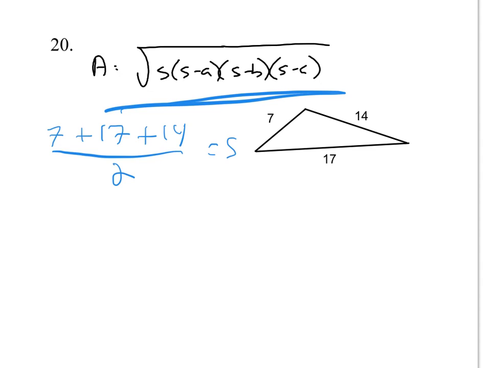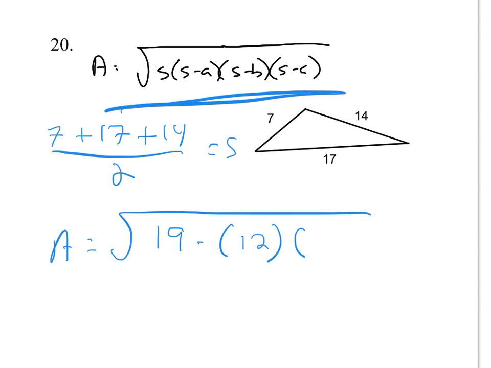So S equals 19. So our area is equal to the square root of 19 times 19 minus 7, which is 12, times 19 minus 17, which is 2, times 19 minus 14, which is 5.